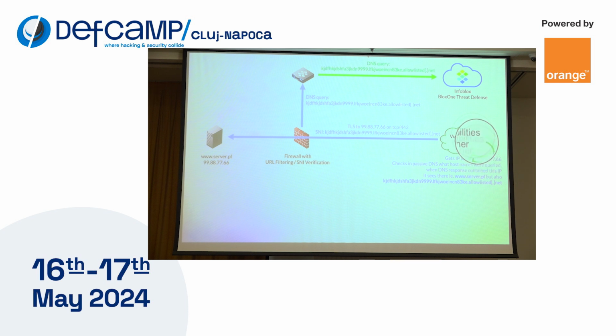So then the firewall tries to double-check, does this SNI verification, sends a DNS query to the local DNS resolver to check what IP address is behind it, then the IP comes back, and they check if it's the same IP, right? So that's SNI verification. So that's why we have seen those queries on our system.